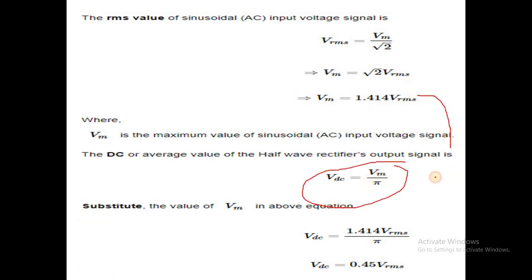If you substitute the Vm value here, we get the DC voltage as 0.45 Vrms. Like this we can get this voltage.